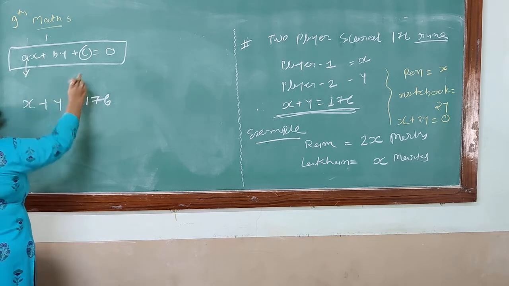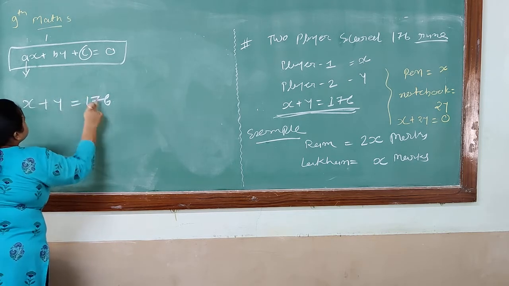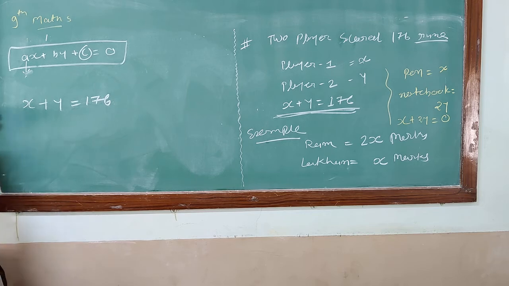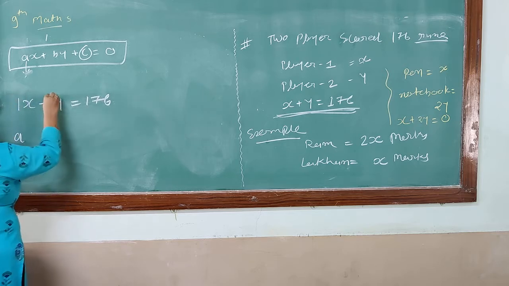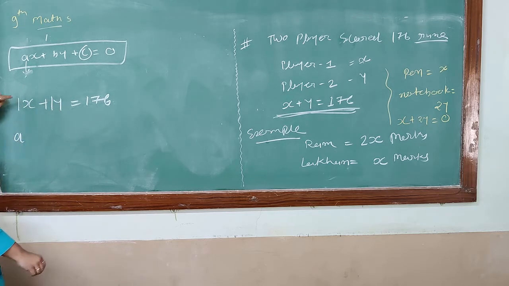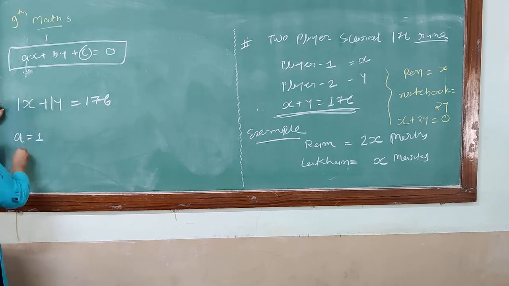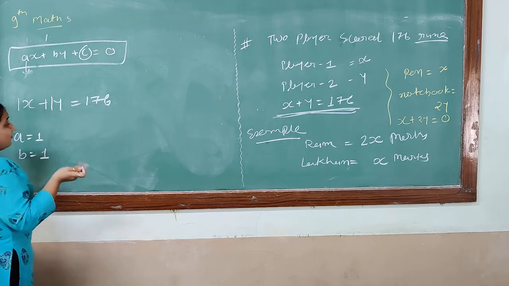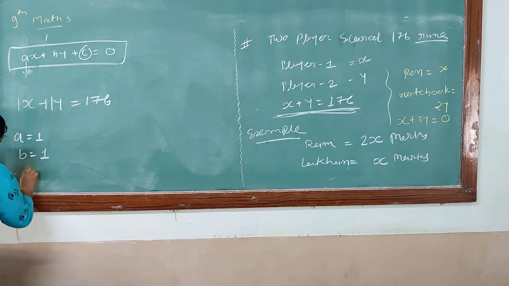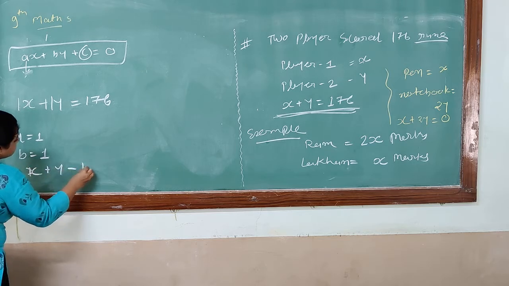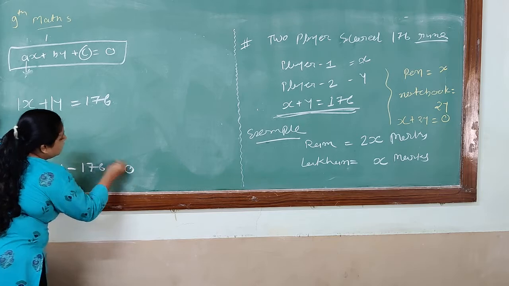Now we have to compare this equation with this. So now let us see that A equals to, if there is nothing, we will assume 1. Similarly here also 1. Right? So A equals to 1, B equals to 1 and C equals to, for that case, we have to write minus 176 equals to 0.